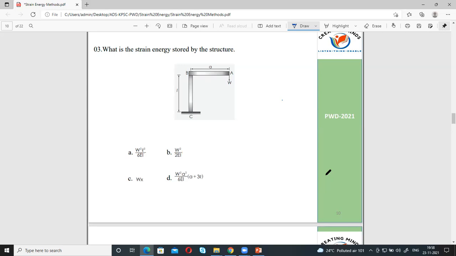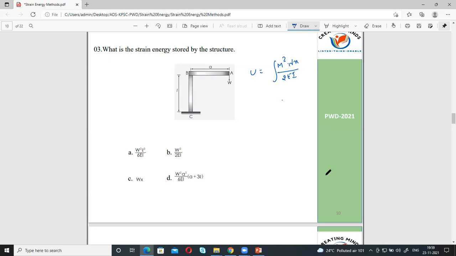Option D, sir. See, the thing is clear. U equals integral of M square into dx by 2EI. This is fine, but when you are taking the sections, that plays a major role.